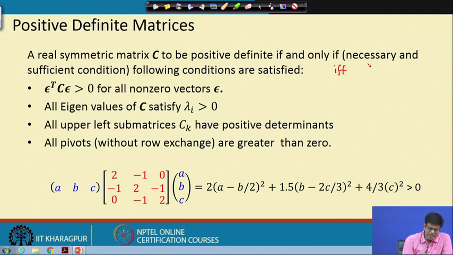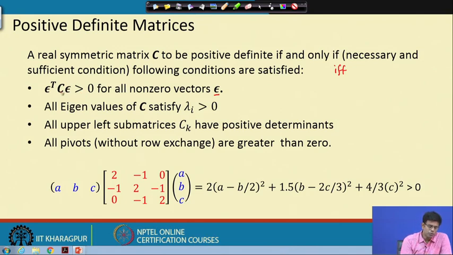For any non-zero vector epsilon, epsilon transpose C epsilon should be greater than 0. For a zero vector, naturally this equals 0, which is not the case we are looking for.